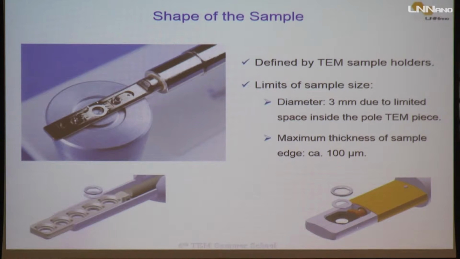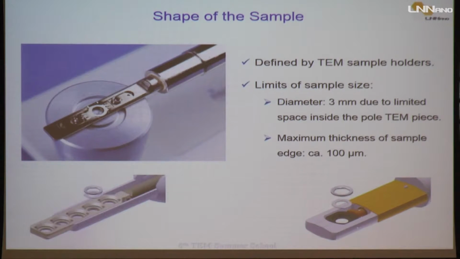The maximum thickness of your sample is related to the exact position of the sample inside the TEM column. As I told you yesterday, you have a standard focus of your objective lens, the best one, the excellent one.